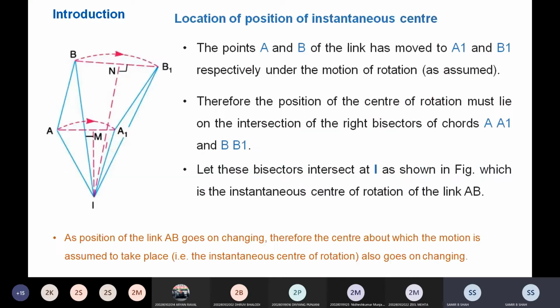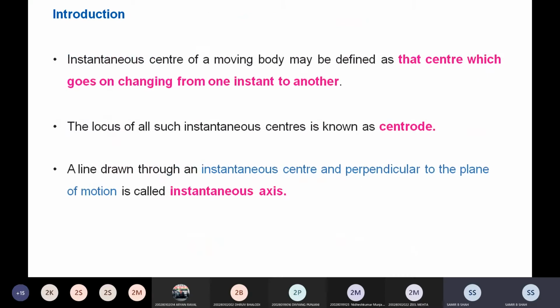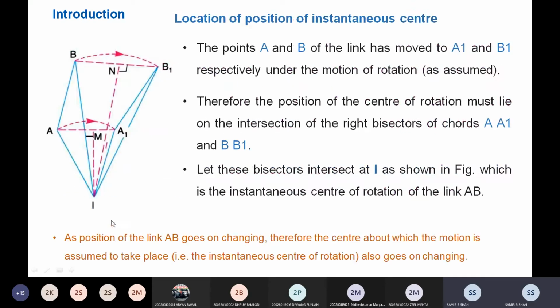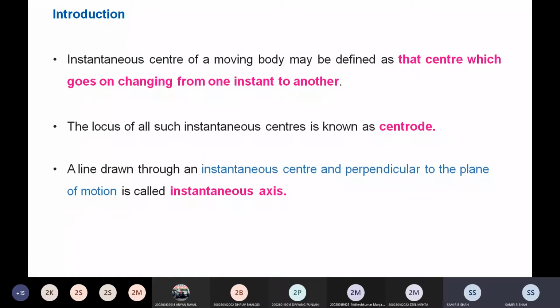Based on that, if there are many links, we get different I-centers. If all the I-centers are locused at one point, then that locus is known as a centrode.